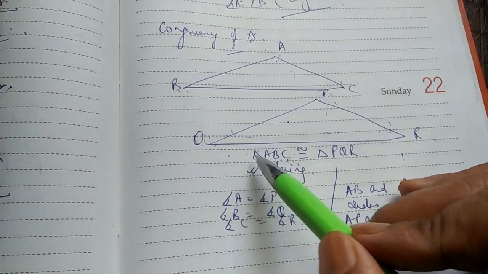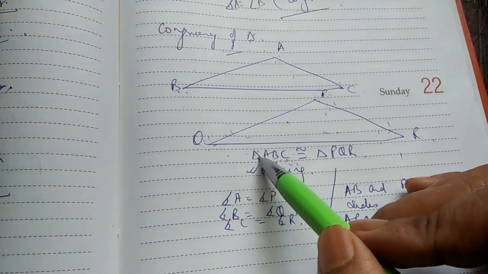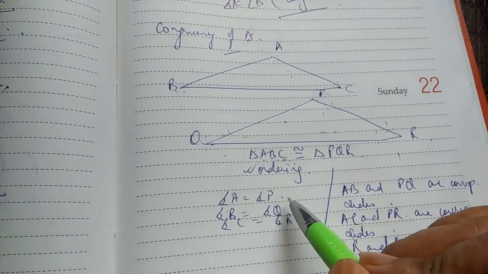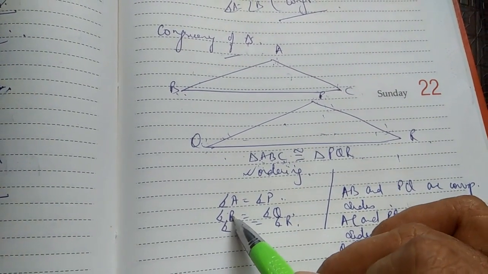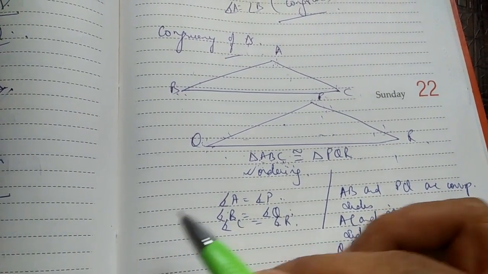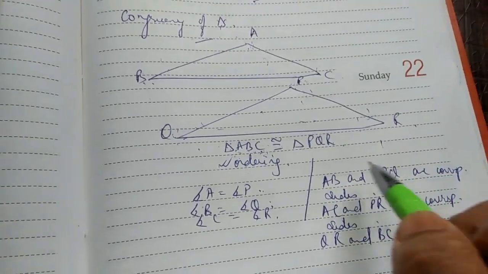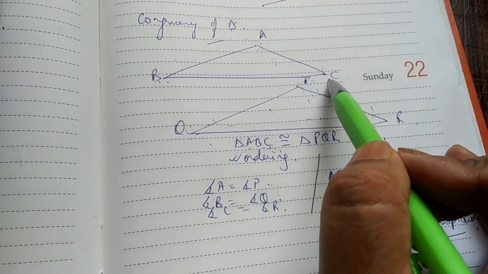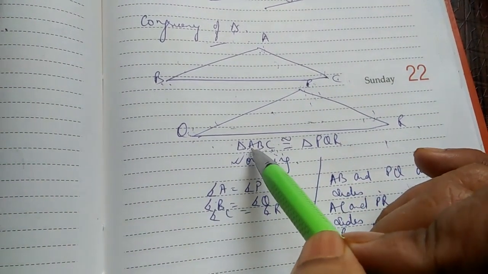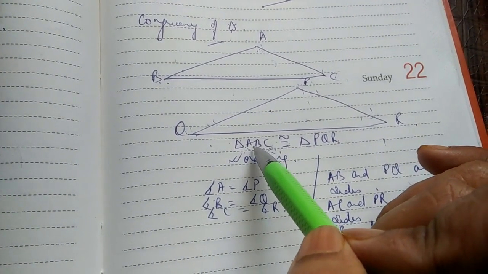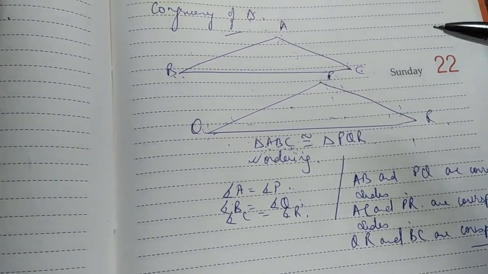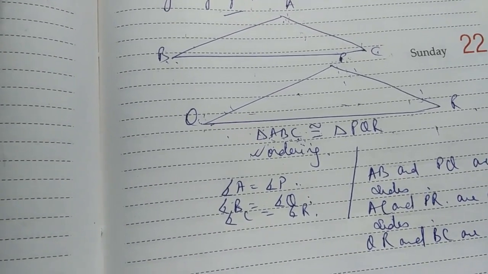This is not going to be triangle ABC, but it will become triangle BAC. So angle B will be equal to angle P, angle A will be equal to angle Q. Interchange B and A. Then there is a third possibility of P falling on C, then this triangle will become CAB, depending on how corresponding vertices interact.